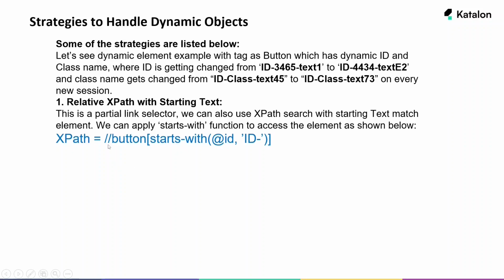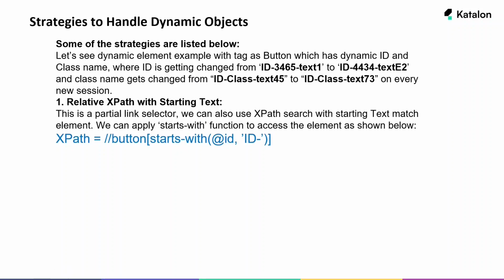So what I'm saying here, /button, and I'm specifying it as starts-with @ID. That means I want to see ID. Okay, so the ID property starts with ID hyphen. So here the dynamic portion is being handled by using the starts-with method.